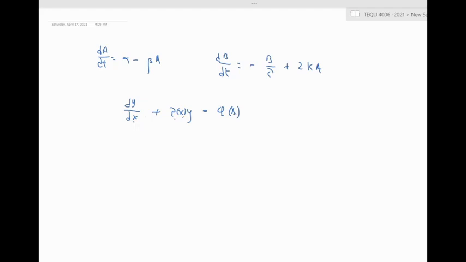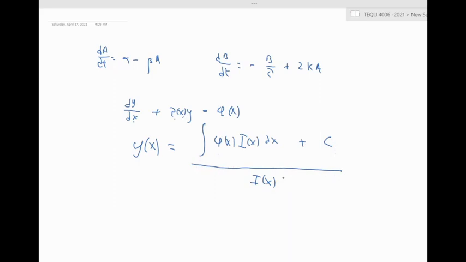Now, the general solution that applies to this equation is very simple. It's y, which is a function of x, the independent variable, which in our case is time. It doesn't matter. y is equal to the integral of q(x) times an integration factor called I(x) dx, plus a general constant C, and all of that divided by I(x), which is the integration factor.